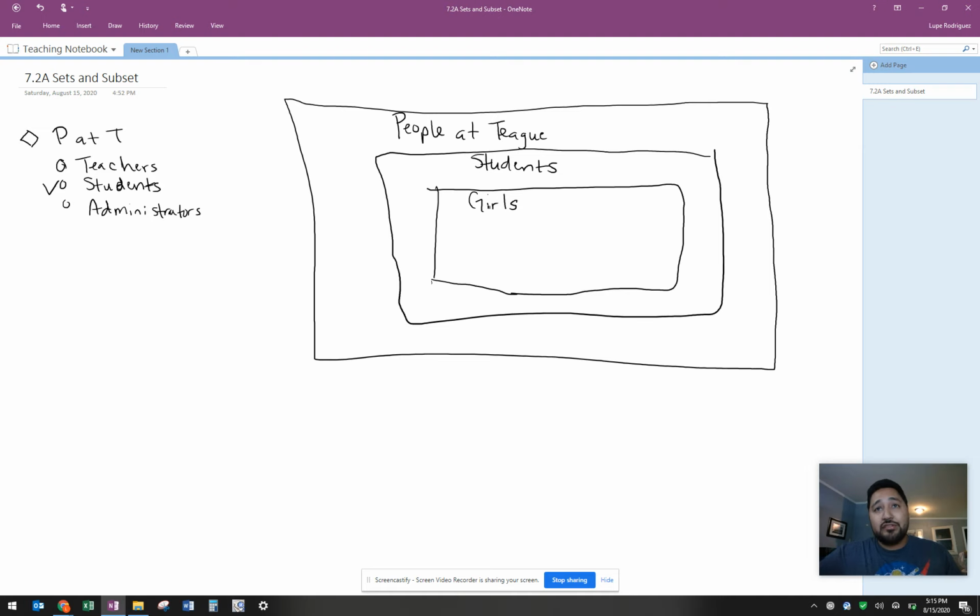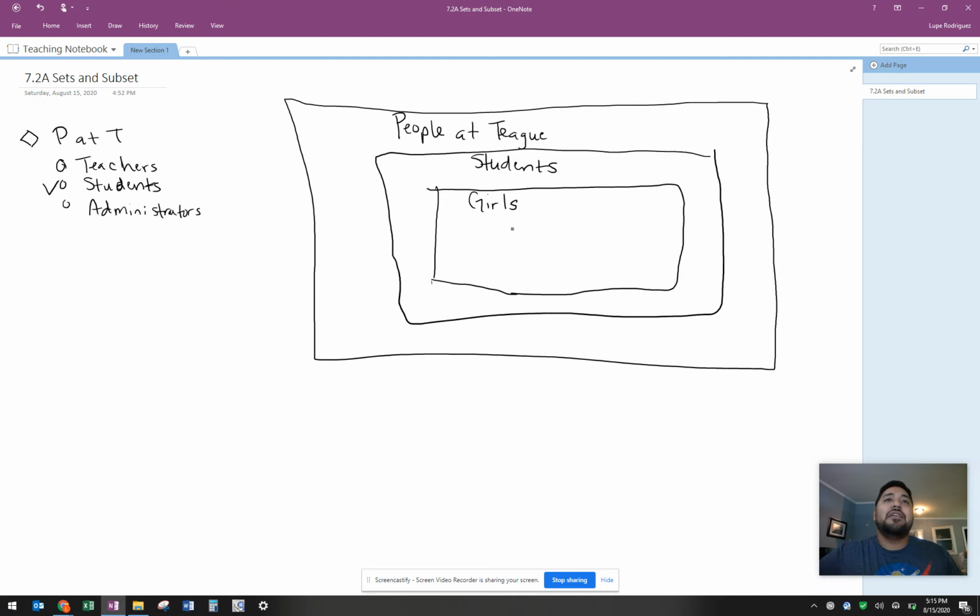That's why it's within the student box. And if the girls are students, all students are also people at Teague. So the sets that girls belongs to are students and people at Teague. But not all people at Teague are students, and not all students are girls.